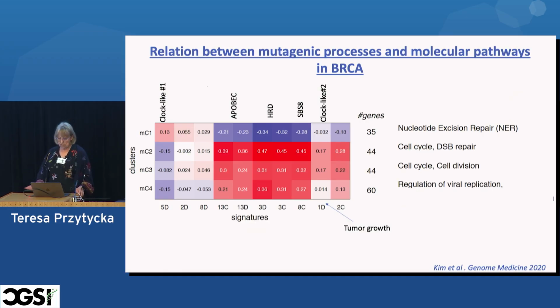And what you immediately see is that, when we do enrichment analysis of the clusters that we identify, there's one cluster that is enriched in the nucleotide excision repair pathway, NER, and we can see some enrichment in the signature. The number doesn't matter, but this is a clock-like signature, signature 5, suggesting that there is some involvement of the NER pathway in repairing this signature.